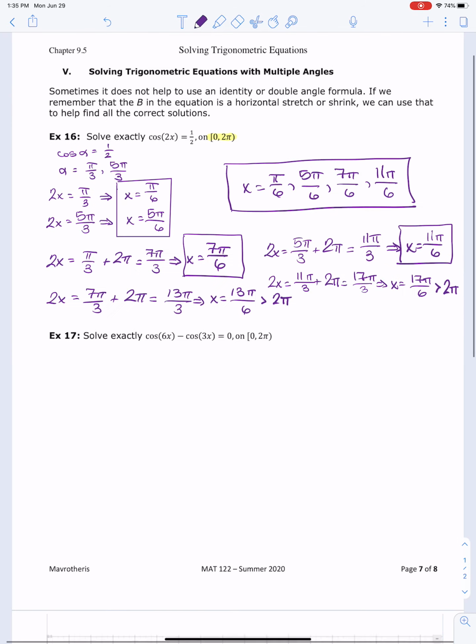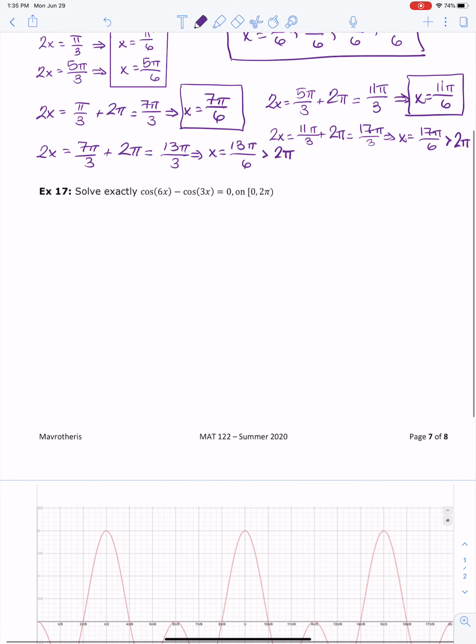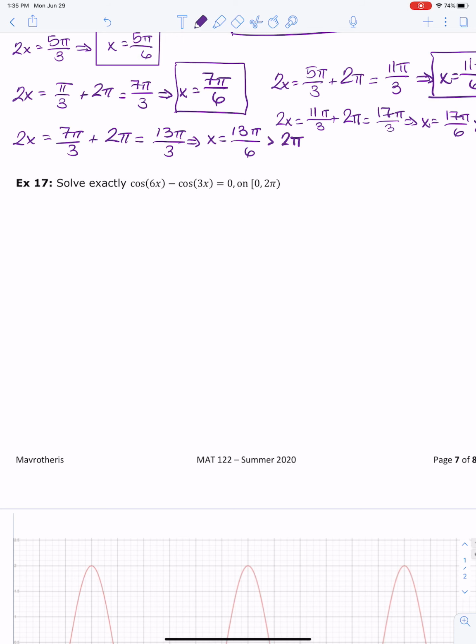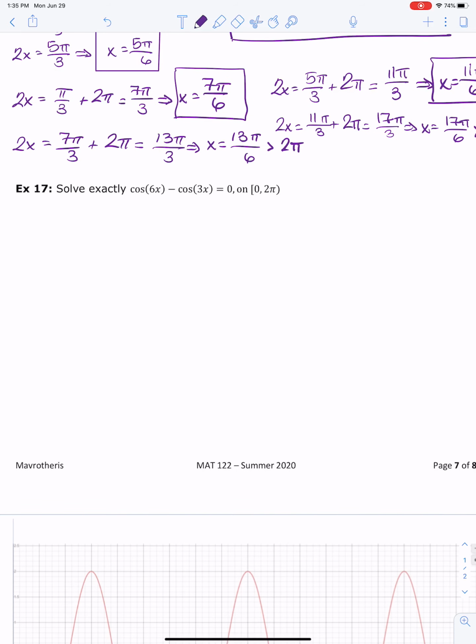Okay, so let's take a look at example 17. Notice here that I have cosine 6x and cosine 3x, and those have 2 different arguments, so I can't combine them at all.